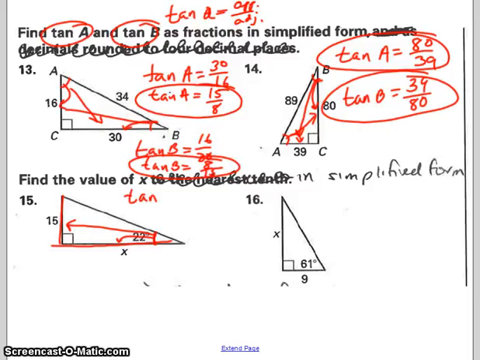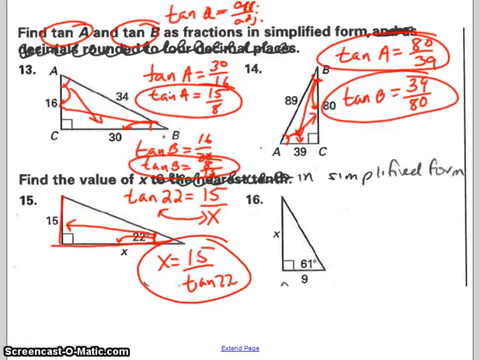So tan of the angle, in this case 22, equals opposite 15 over adjacent x. Now all we have to do is solve for x, and the quick way is to just swap these two. x equals 15 over tan 22.